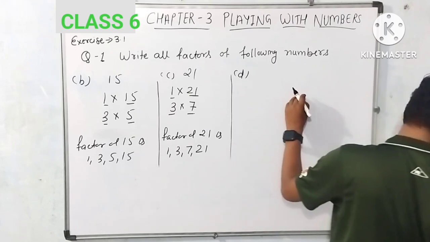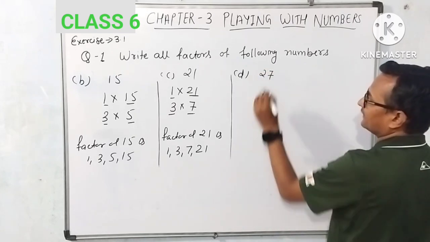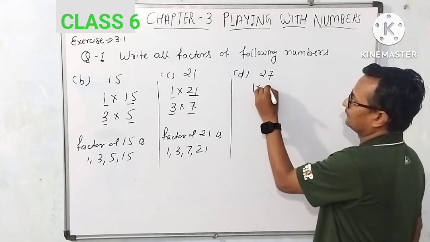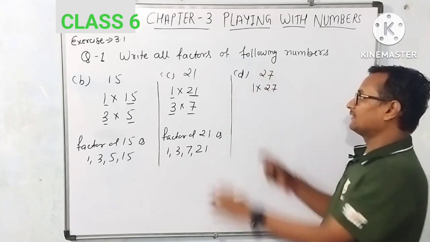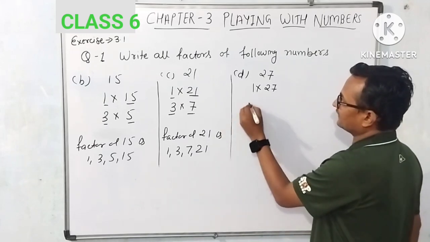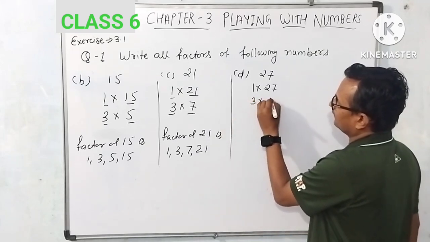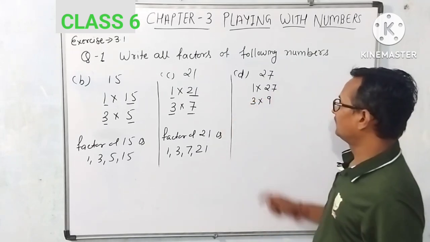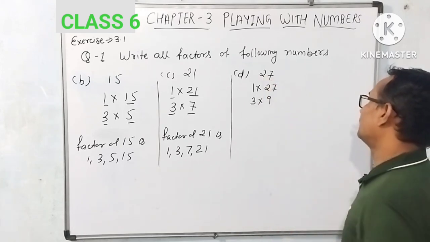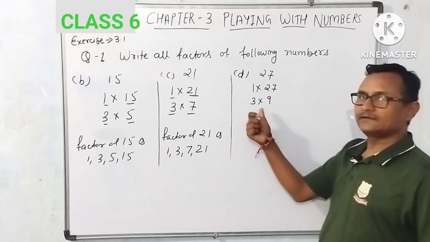D, 27. Here again we have to start from 1. 1 into 27. 27 does not come in the table of 2, but comes in the table of 3. So we can write 3 9s are 27. Then 4, 5, 6, 7, 8, 9. 9 3s are 27.